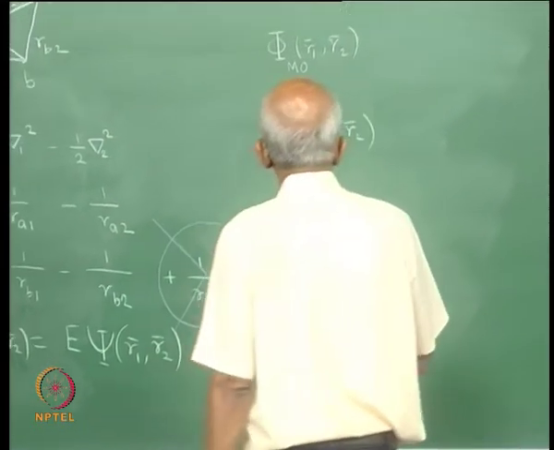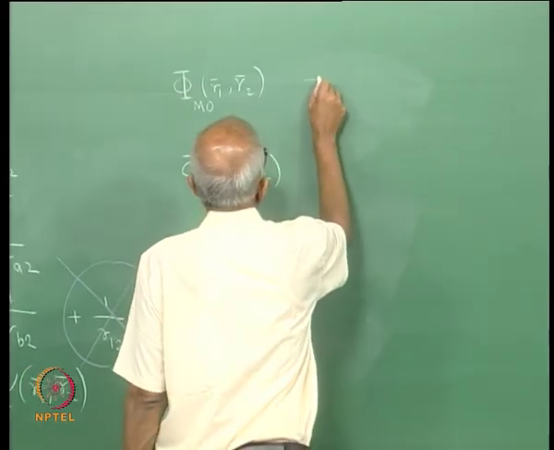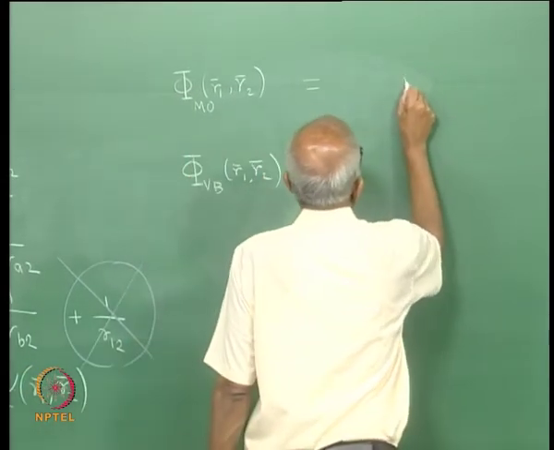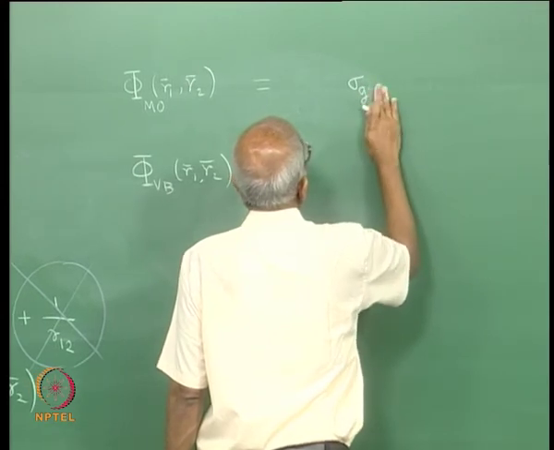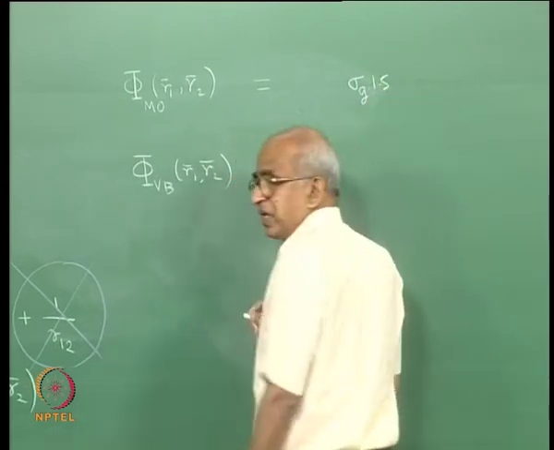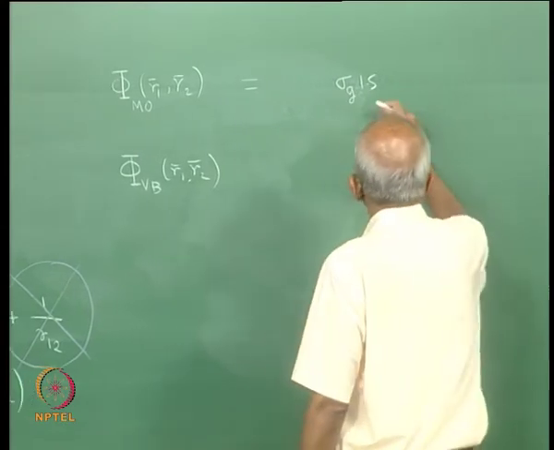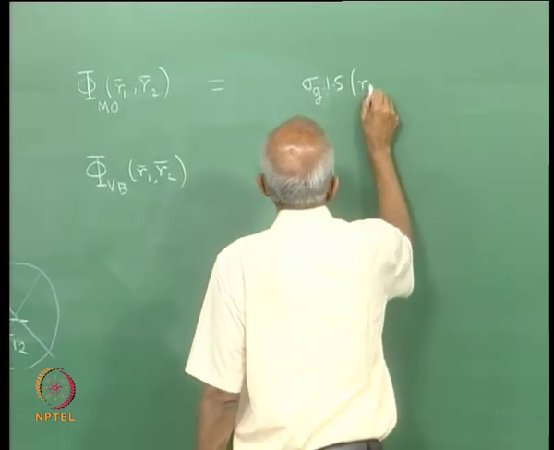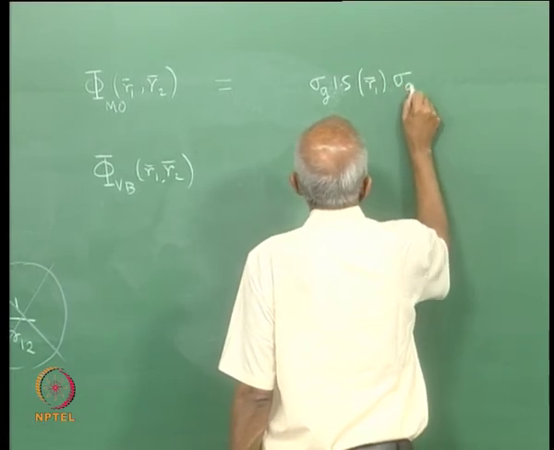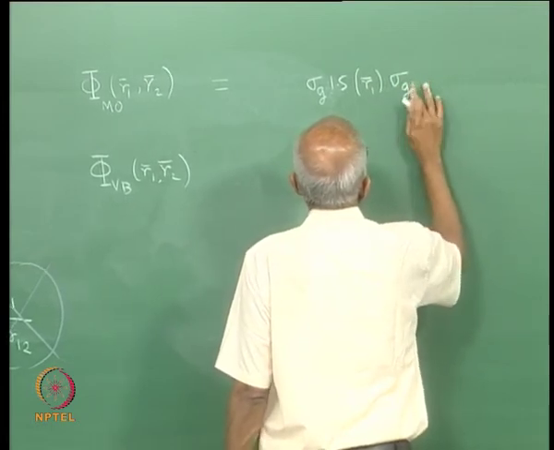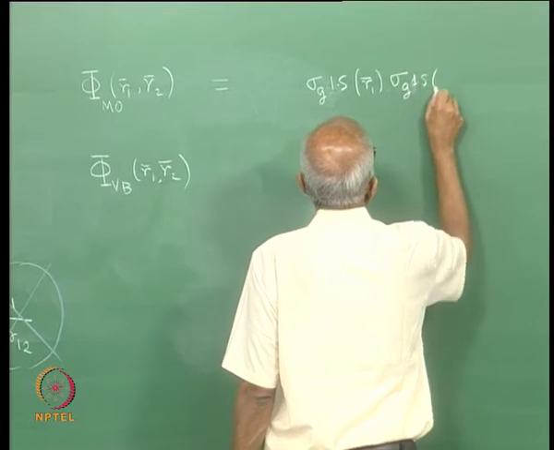The wave function would be given by this. I will say that the first electron is sitting in a sigma g 1s orbital, because that is the bonding orbital, sigma g 1s of R1, and the second electron also is sitting in the same orbital, sigma g 1s of R2.